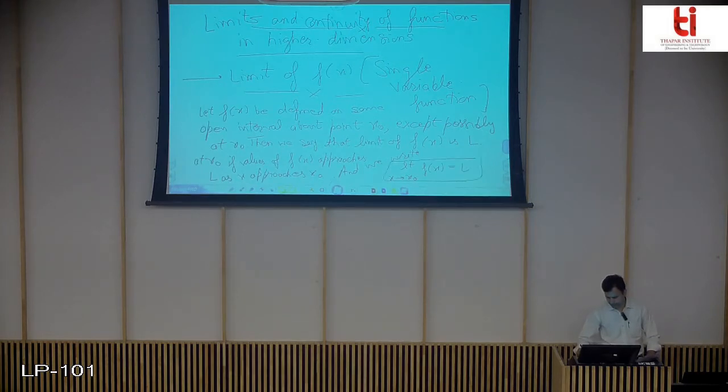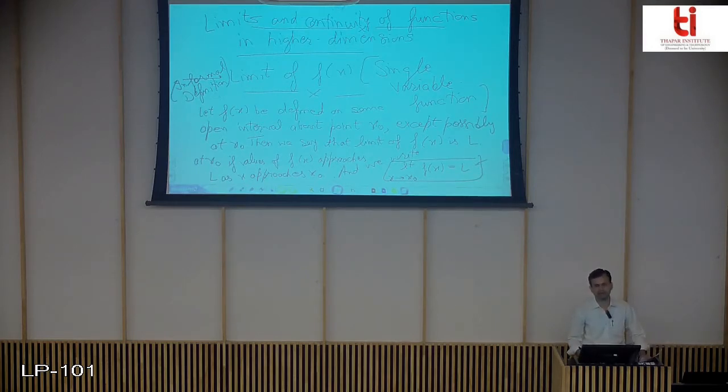So this is the basic definition, or let me write it here as an informal definition of the limit of a single variable function. We are not discussing the formal definition at the moment.